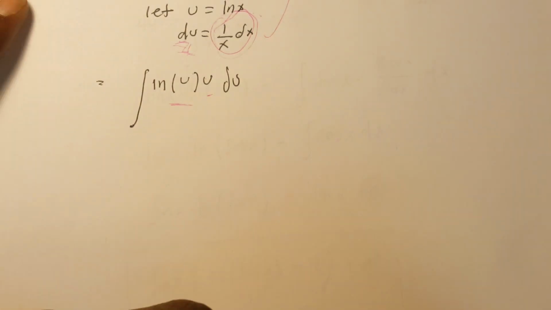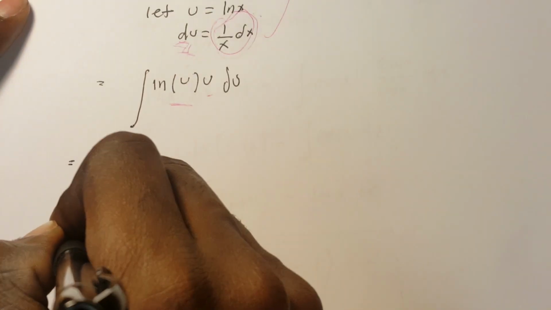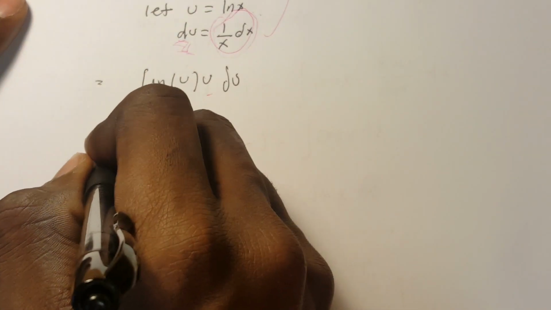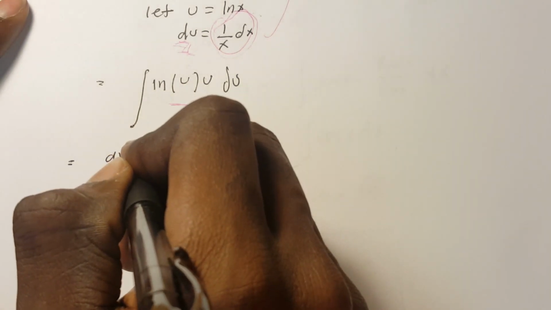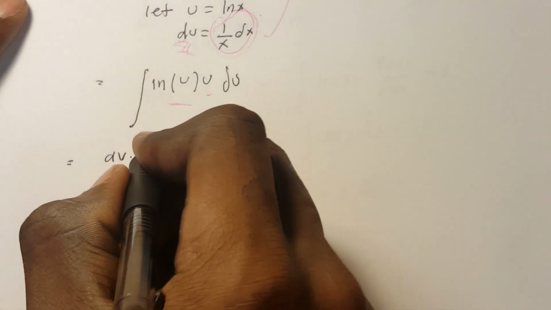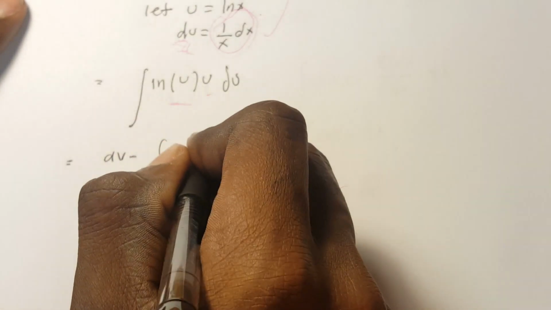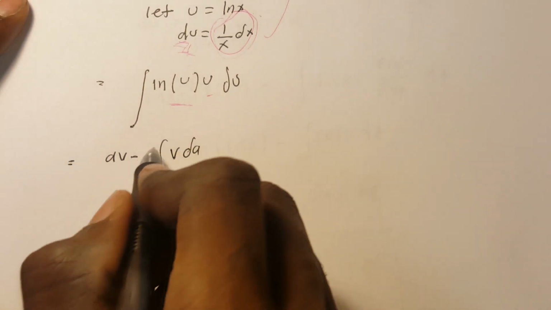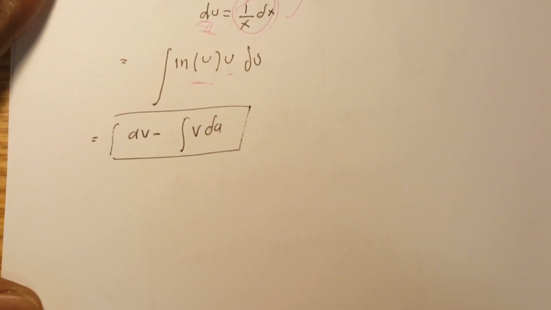I like using a. So I will get a v minus the integral of v dA. That will be my formula for integration by parts.